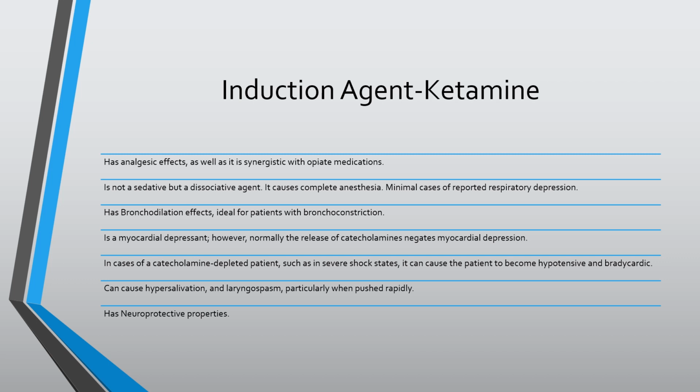It has bronchodilation effects, which is ideal for patients with bronchoconstriction. They're not entirely sure how this pathway works. There's some thought that it happens via the release of the body's natural catecholamines, and epinephrine is a bronchodilator.